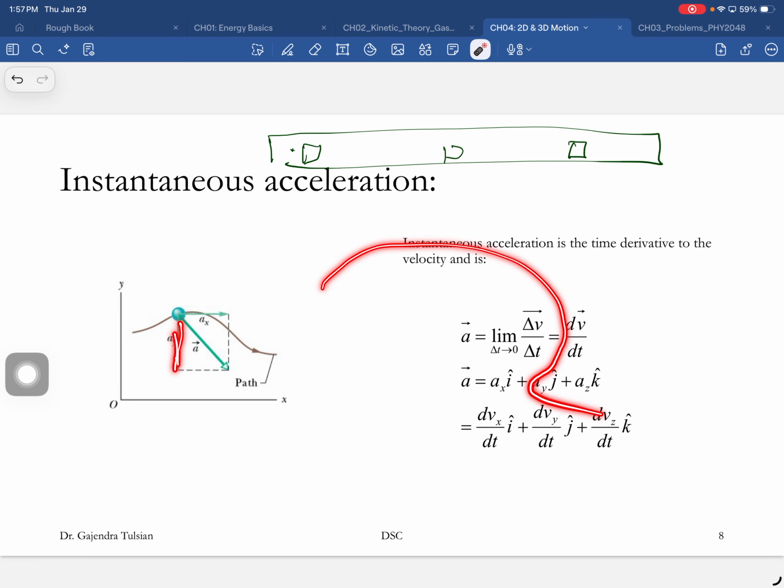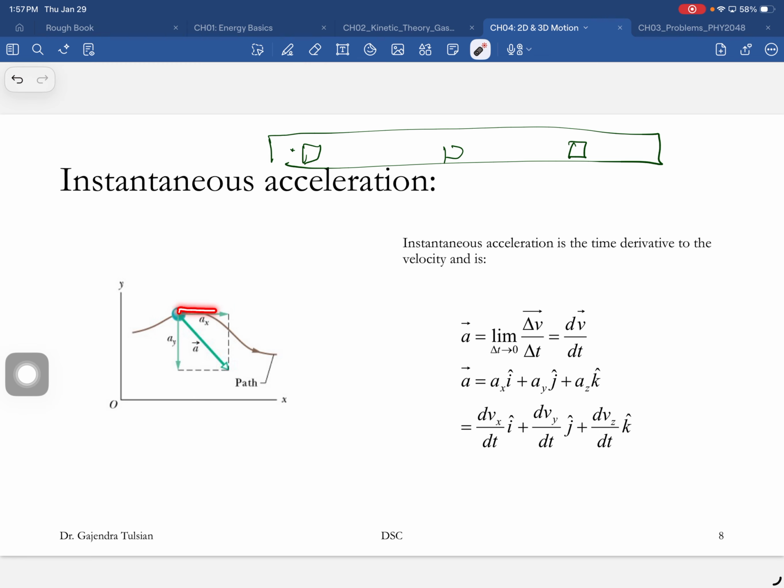Perpendicular to the trajectory, when the direction of velocity changes. All right, so that's where your acceleration is coming from.